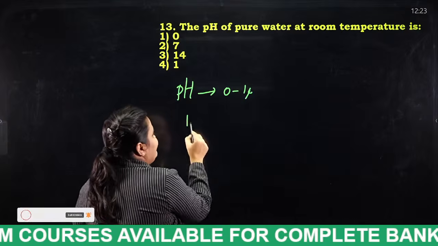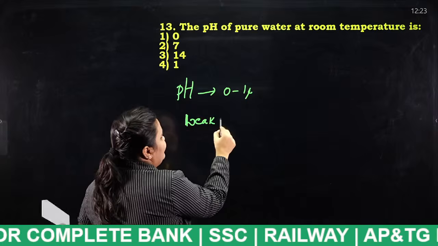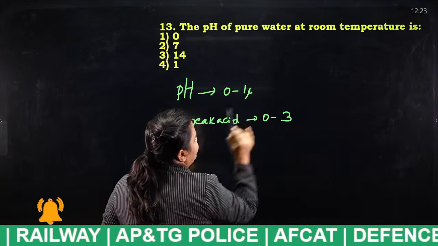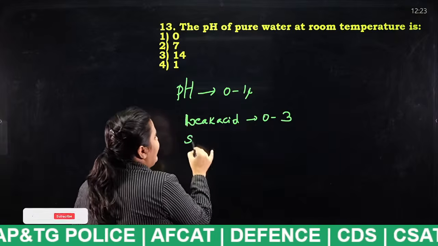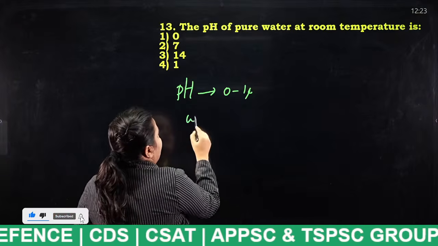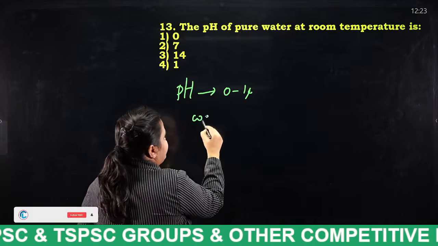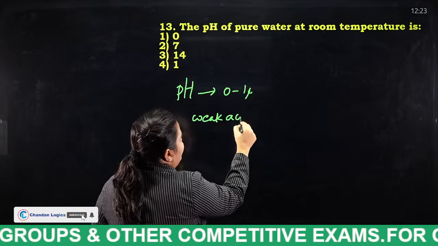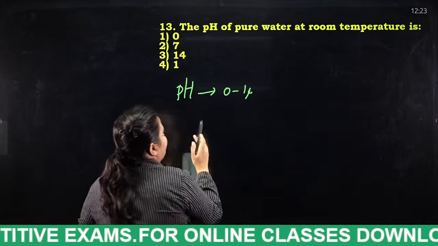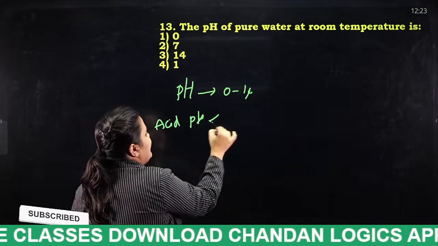The pH value of acids will be less than 7.